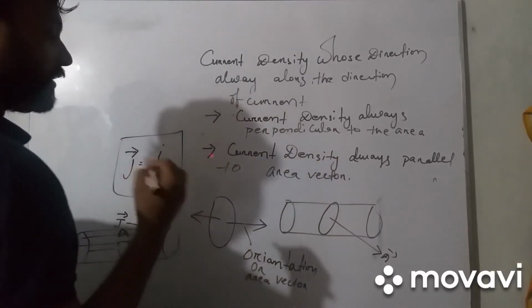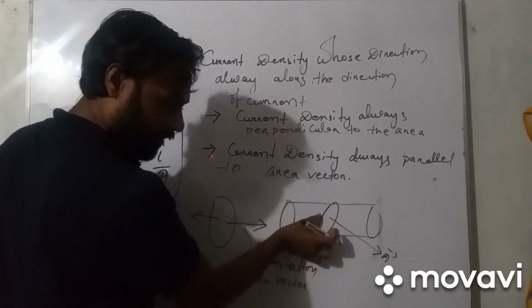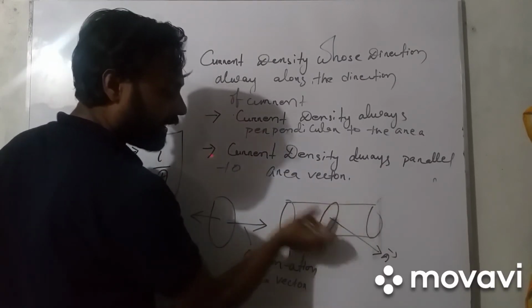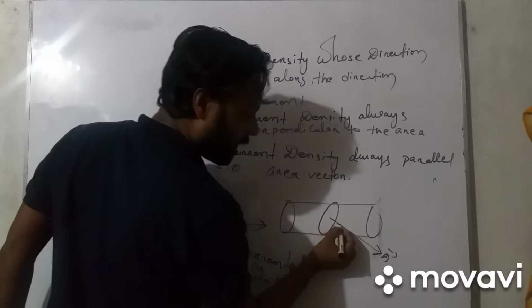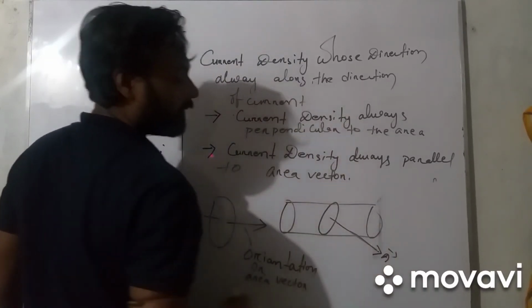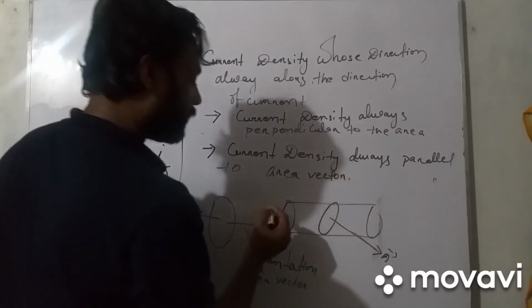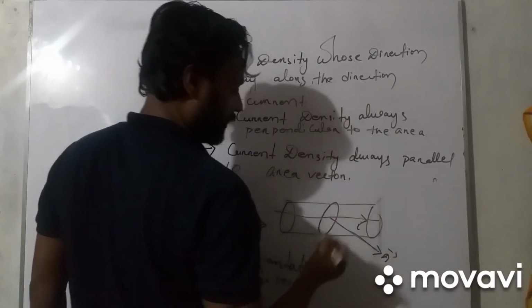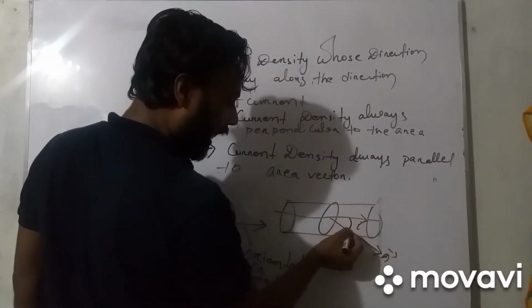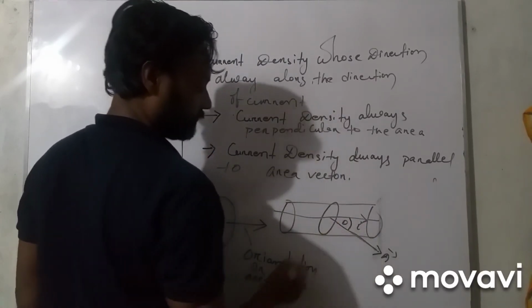So this is the inclined surface, whose direction is named the area vector. But the current moves in that direction, as I. So there is an angle between I and A, given by theta.